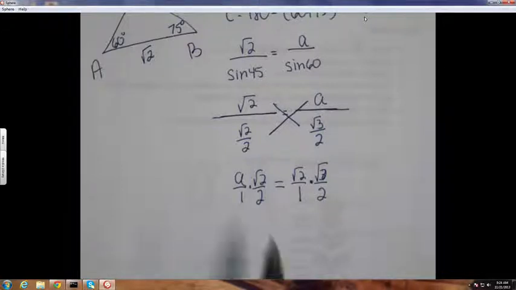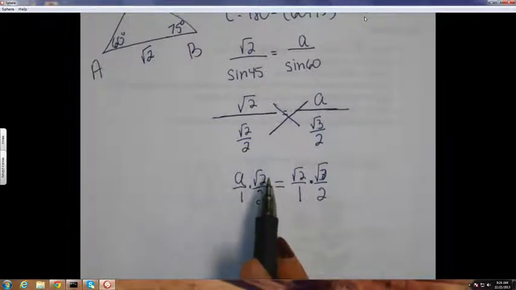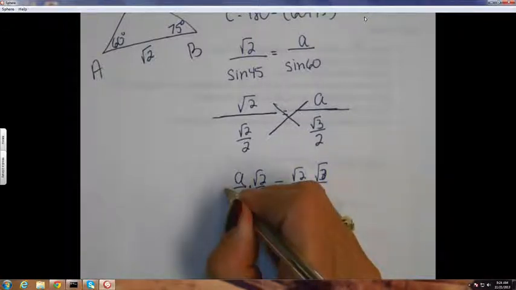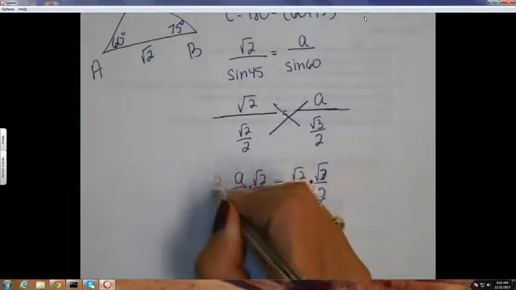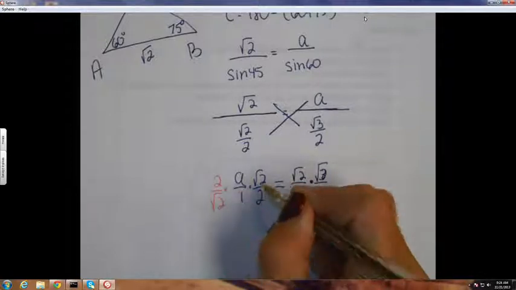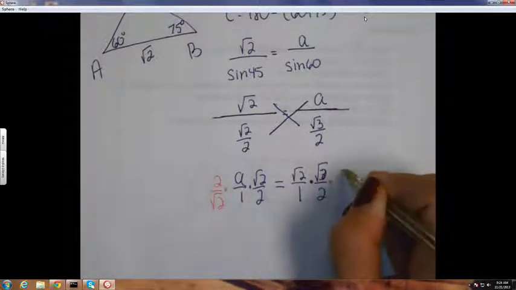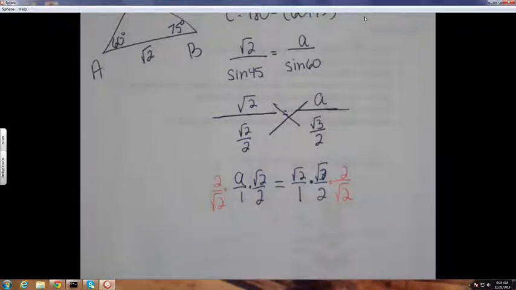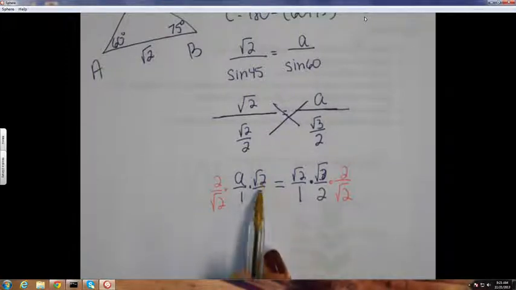I want to solve for a. How do I get rid of this fraction? Multiply by its reciprocal. If I multiply this side by the reciprocal of this, which is 2 over square root of 2, that'll cancel out. So I'm going to multiply over here 2 over square root of 2. I want to cancel this fraction out.